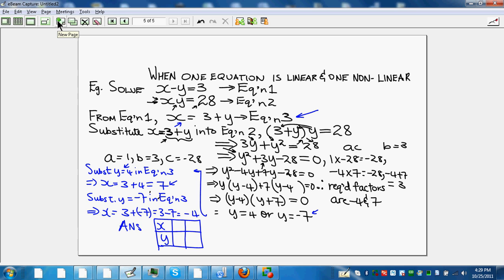So I'll write it: x equal to 7, y equal to 4. And then the other one we got was x equal to minus 4 when y was equal to minus 7. Okay? So that would be the entire solution for a question of that type.